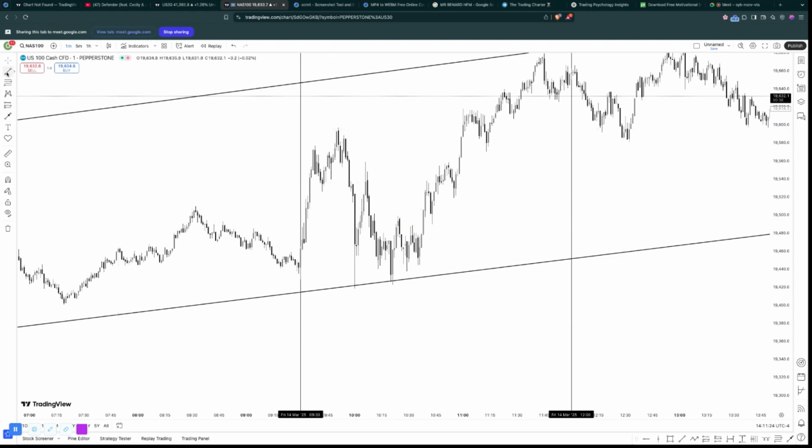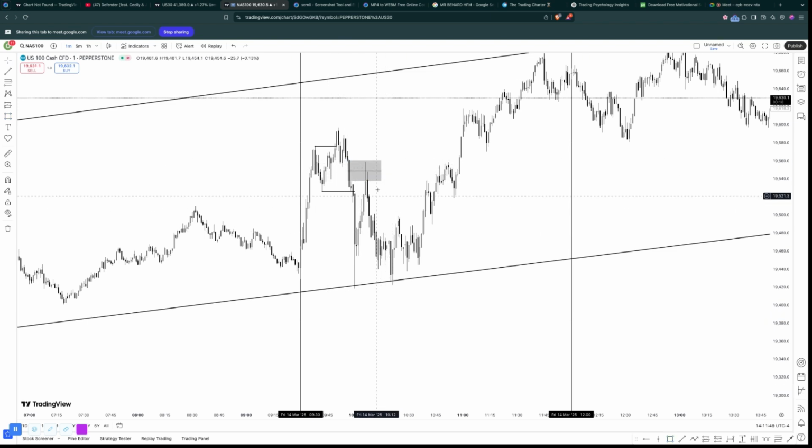Remember, you always want to look for market structure shifts, right? So we have this, they take out buy side liquidity here, and they take out sell side liquidity down here. Are you seeing that? And then what do they leave? Are you seeing the fair value gap? Here. Yeah.